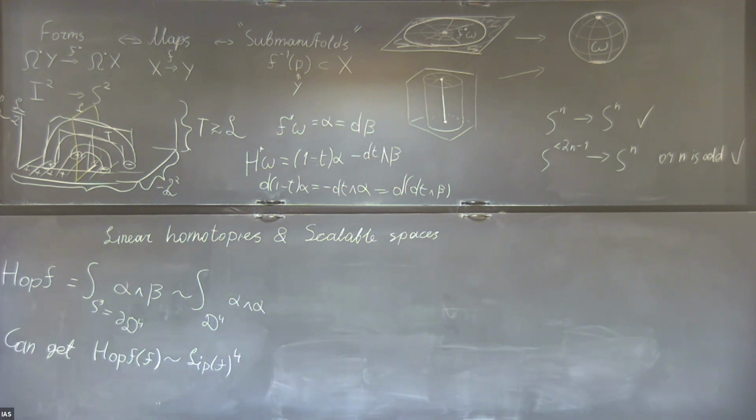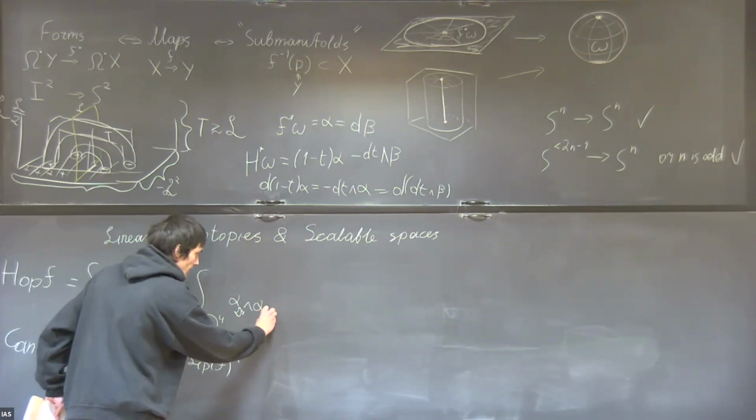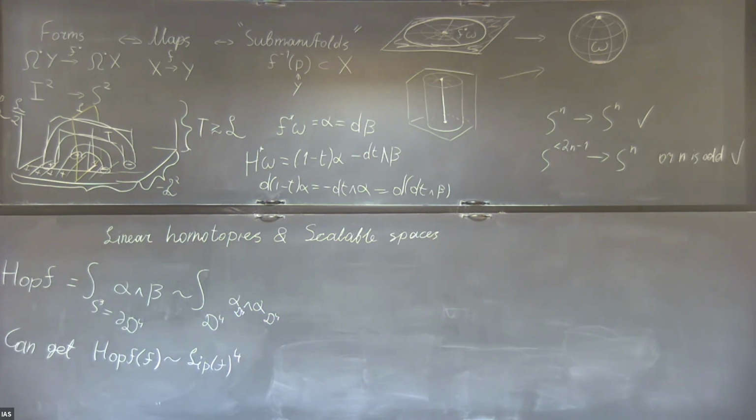Is alpha a two form on S3 or on the four ball? I put here that we take an extension to the four. Okay, so you get some kind of extension. Does it matter what the extension is?